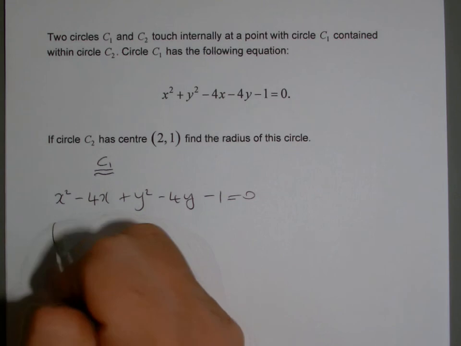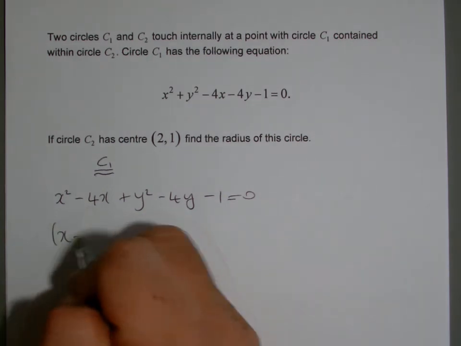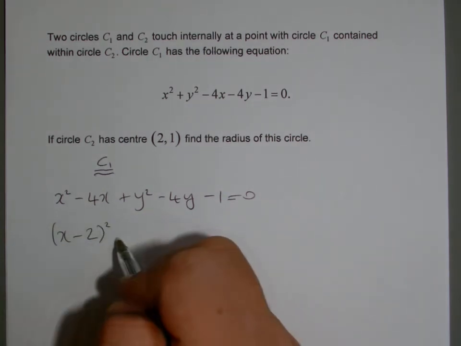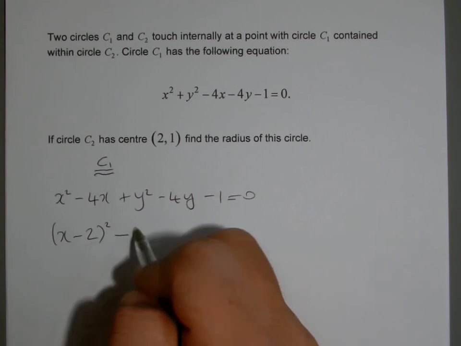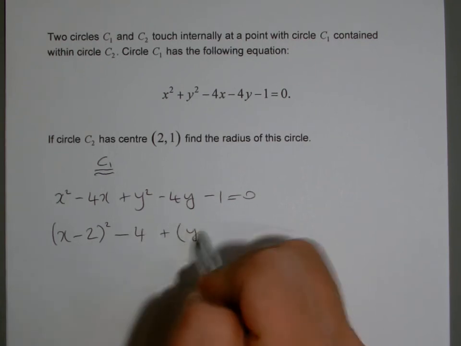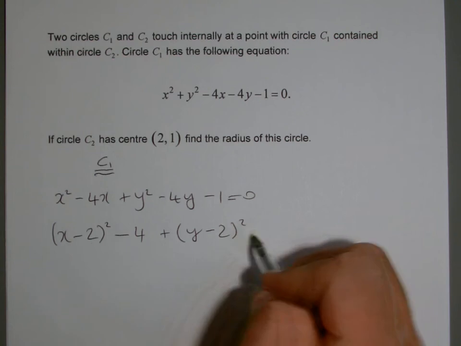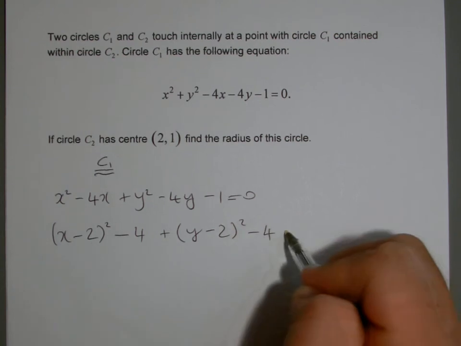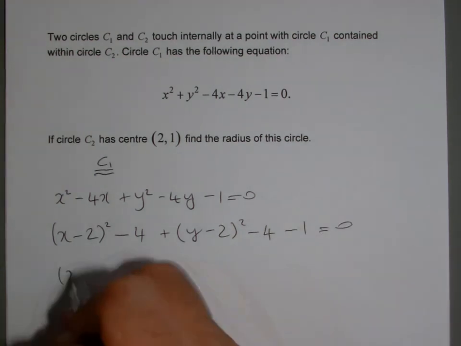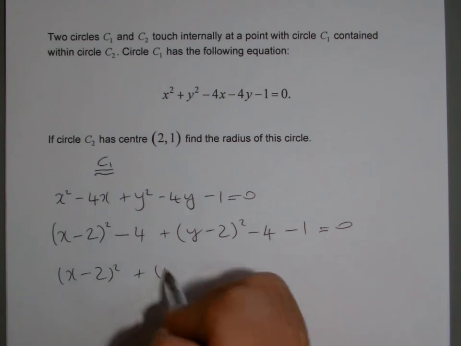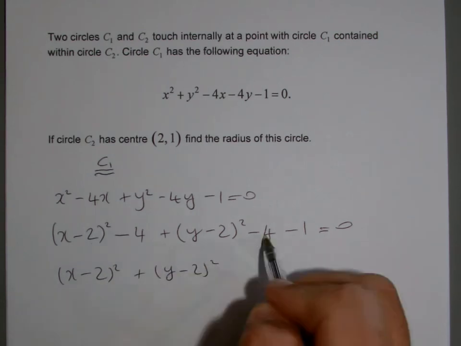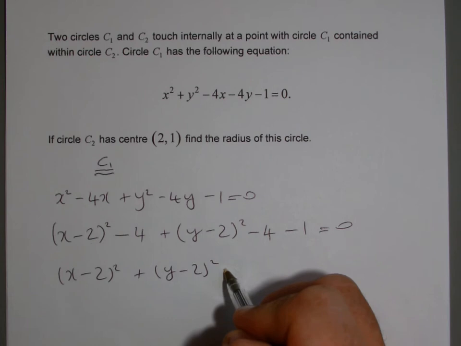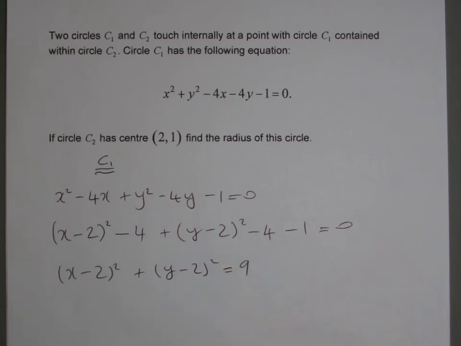We halve that, so we get (x minus 2) squared, take away the square of this, and the same here, we halve that, take away the square of that, and then minus 1 at the end. So we get (x minus 2) squared plus (y minus 2) squared, and then minus 4 minus 4 minus 1 is minus 9. Take it over to the side, you get 9 there.